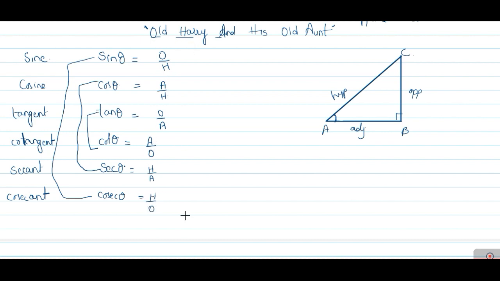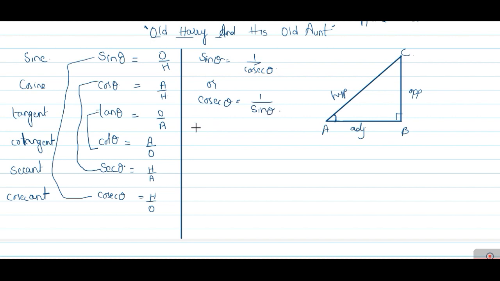You should be very thorough with these things. Now let us write it. As we have said, sin is the multiplicative inverse of cosecant, right? So sin theta can be written as 1 by cosecant theta, or this cosecant theta can be written as 1 by sin theta.